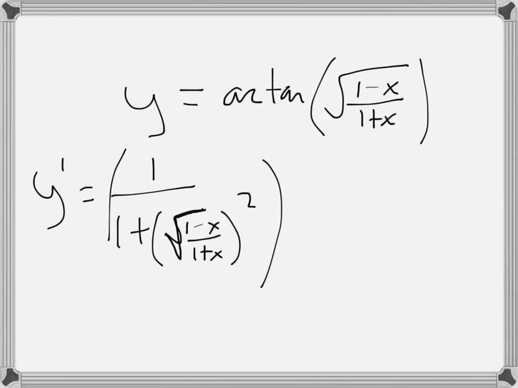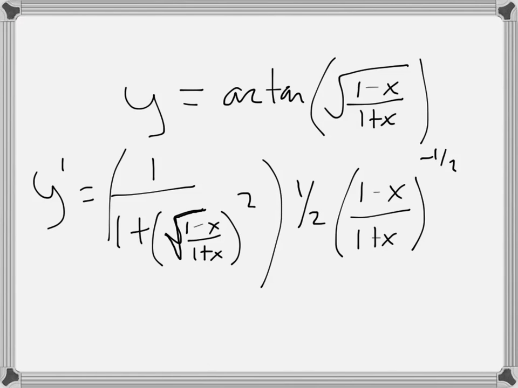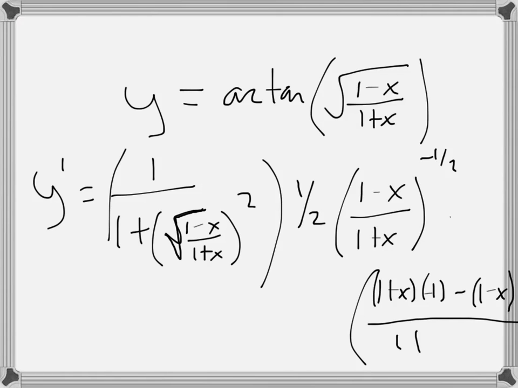And the derivative of what's inside is going to require the chain rule and the quotient rule. So I use the root, the power rule, and then I multiply by the derivative of what's inside using the quotient rule. So it's low d high, which is minus 1, minus high d low, but the derivative of the low is just 1, all over low squared.